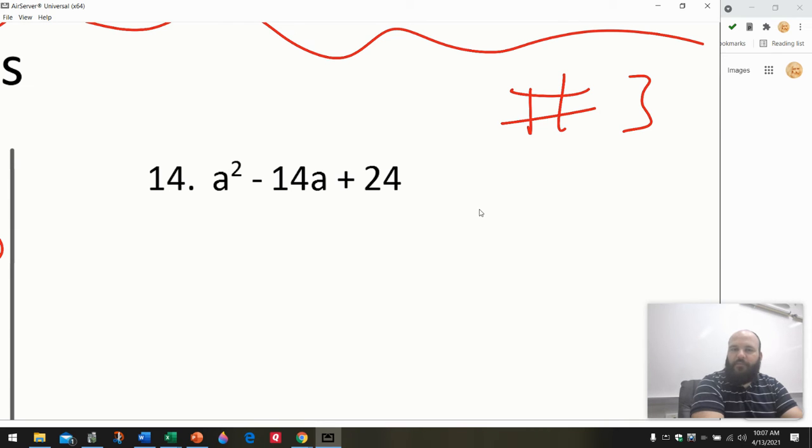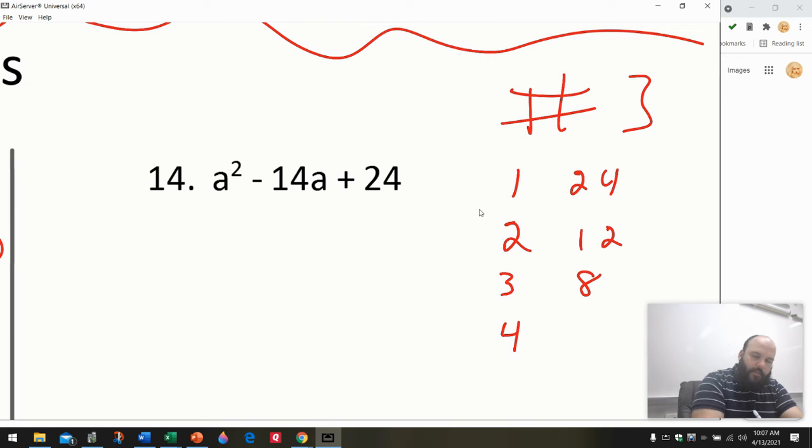When this happens, that tells us that both of our numbers are negative. So we need factors of 24, which are 1 and 24, 2 and 12, 3 and 8, and 4 and 6. So there are all of our factors of 24.